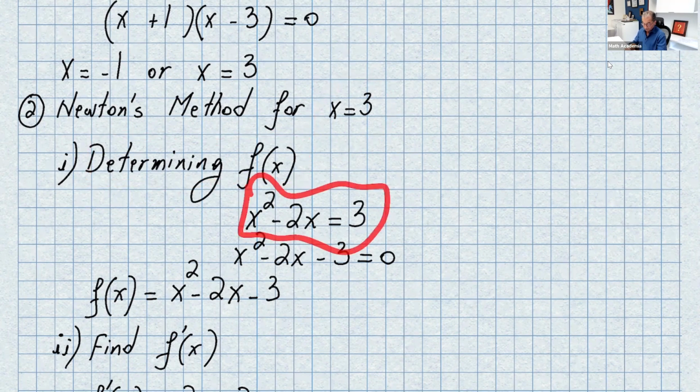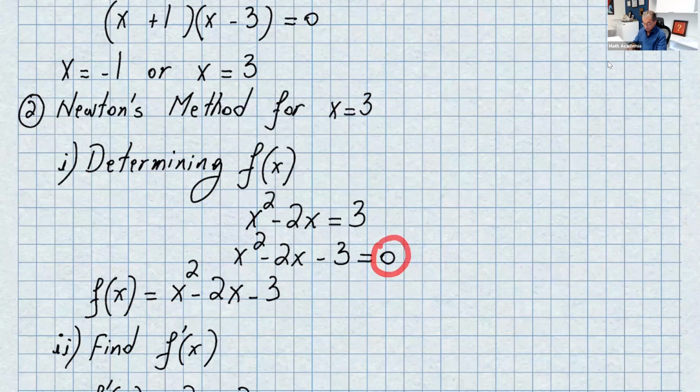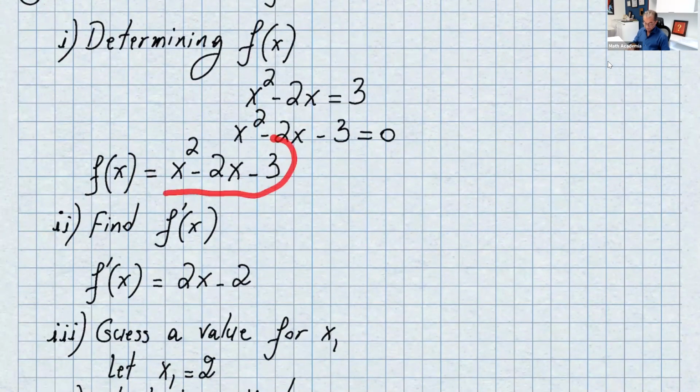If you have an equation with two sides, to determine f of x, take everything to one side and 0 on the other side. So your f of x is the expression on the left side of the equation. So I put f of x is x squared minus 2x minus 3.